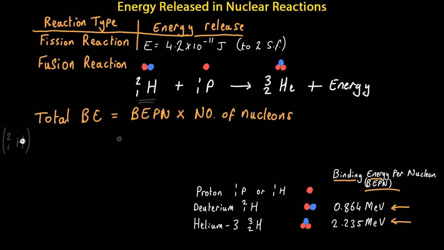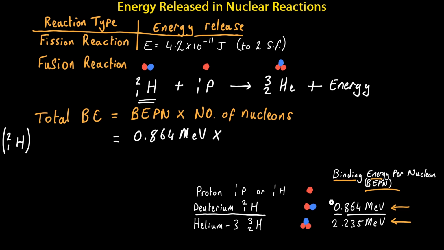studying. So for the deuterium atom, we've got 0.864 megaelectronvolts multiplied by 2 nucleons, because we've got a proton and neutron in deuterium. This gives us a total binding energy of 1.728 megaelectronvolts.